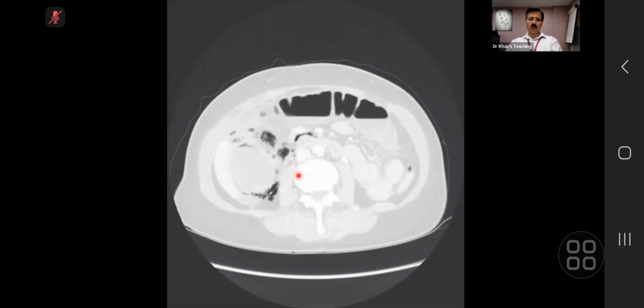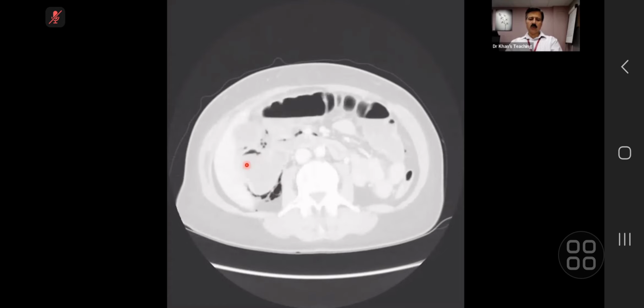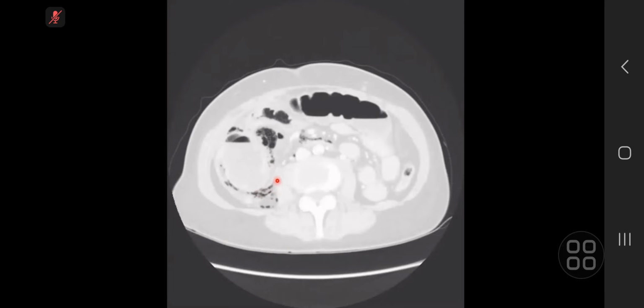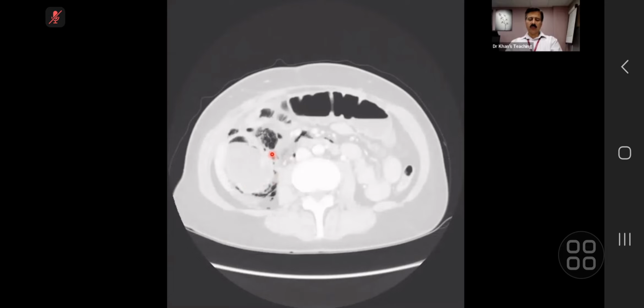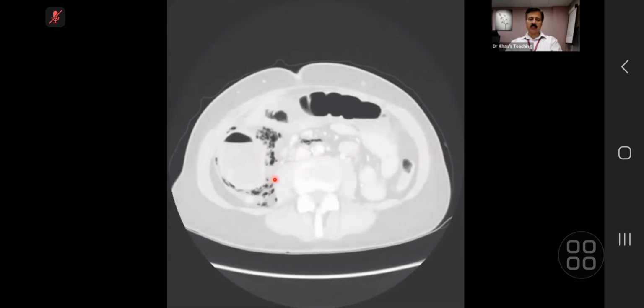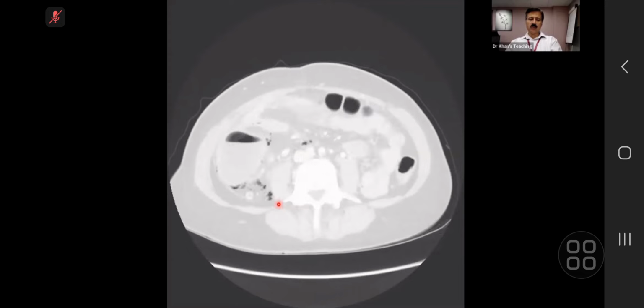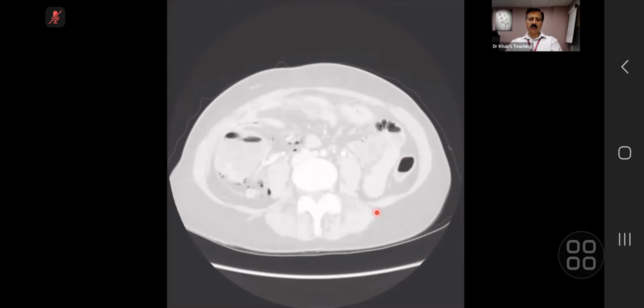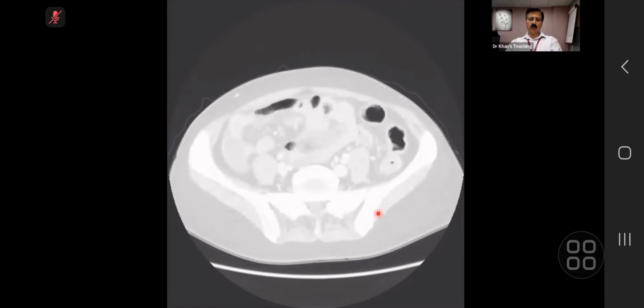Another concept which I wanted to show you. You remember that I told you that a portion of the ascending and a portion of the descending colon is in the retroperitoneum. So here is the proof that a portion of this ascending colon is outlined by the gas here. So gas bubbles are going, and similarly, if there was gas here, it would have outlined.